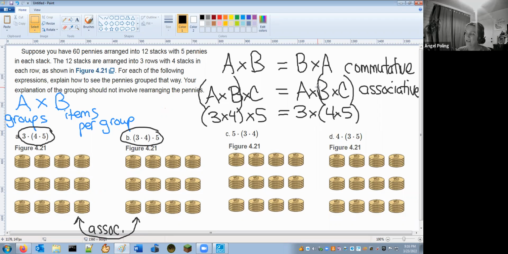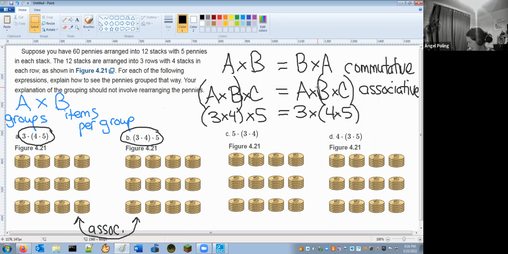And even in the definition of multiplication, we have 3 groups of 20 versus 3 times 4 groups of 5, right? So that didn't come out very well, but 3 groups of 4 times 5 versus 3 times 4 groups of 5 barely came out better.